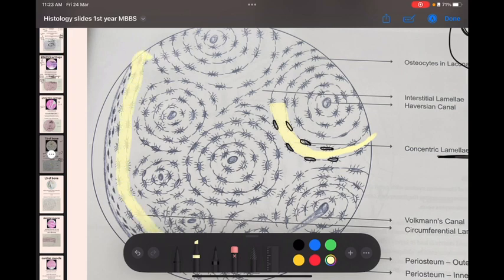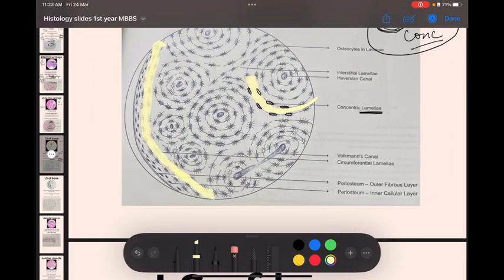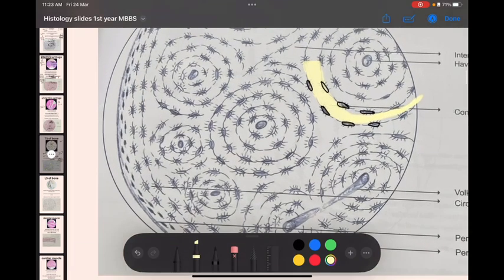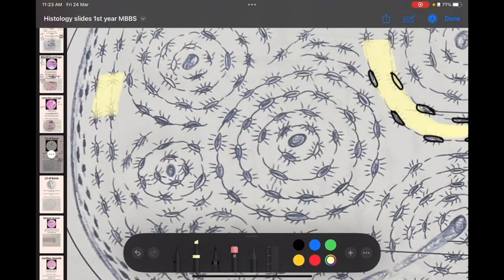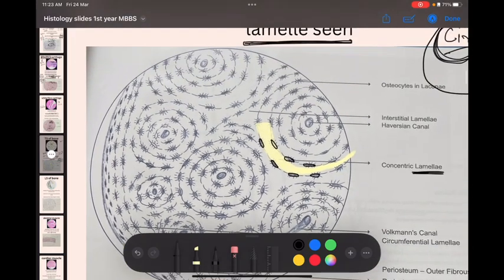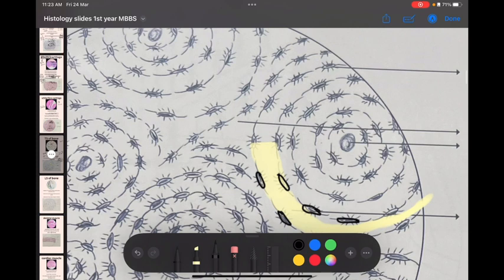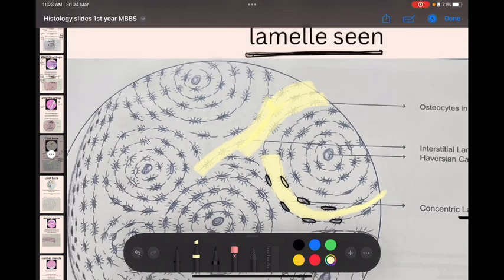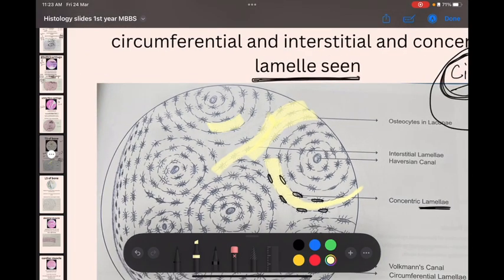This is the circumference of the bone, the outer part, right? So this region is going to be the circumferential lamellae. Now coming to interstitial lamellae, this region is the interstitial lamellae, whereas the concentric lamellae are these regions.